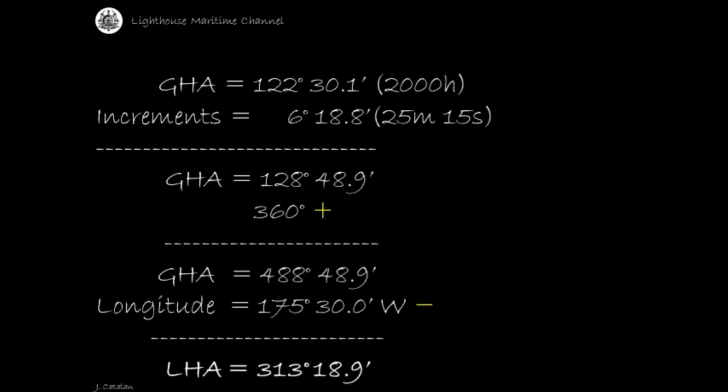Why add 360 degrees? It is because the GHA is less than the value of the longitude west. The result is the GHA, which is equal to 488 degrees 48.9 minutes. We can now subtract longitude 175 degrees 30 minutes west. The result is the LHA, which is equal to 313 degrees 18.9 minutes.